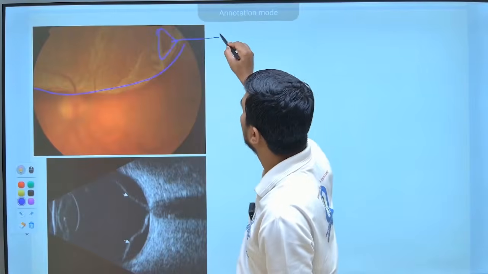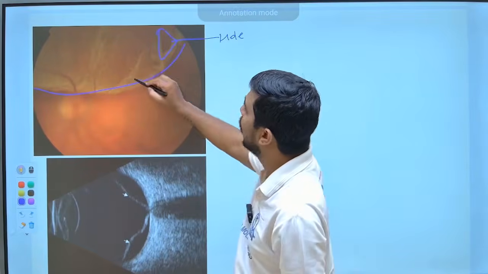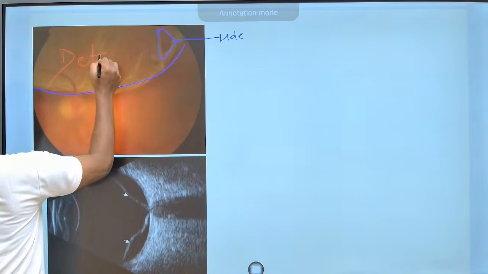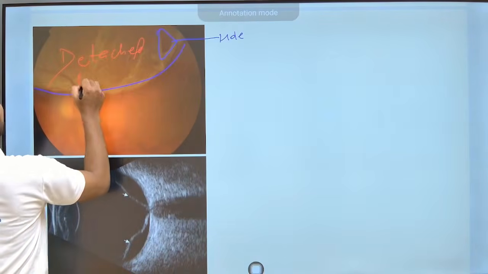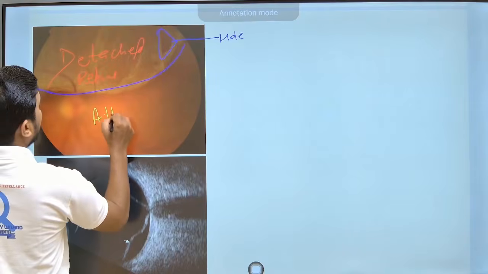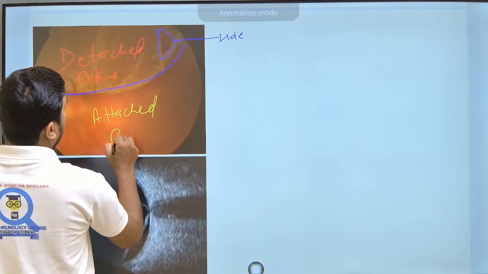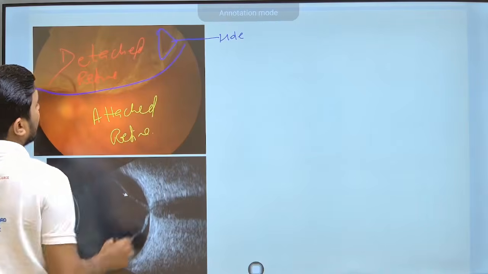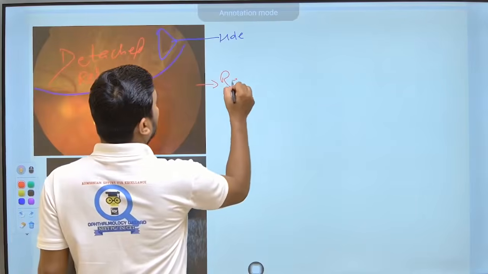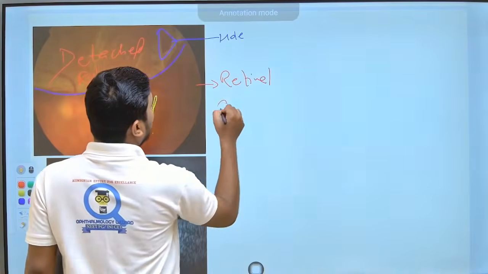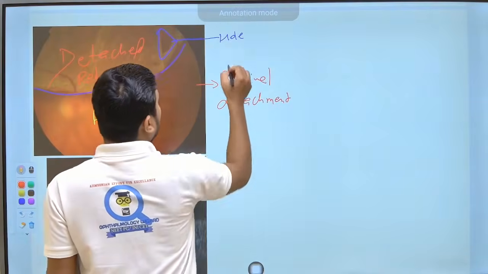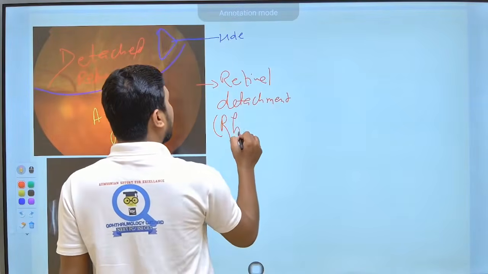This is a hole in the retina, and this area is detached. This is the detached retina, and this is the attached retina. So basically, I am dealing with a retinal detachment, and this is rhegmatogenous type.